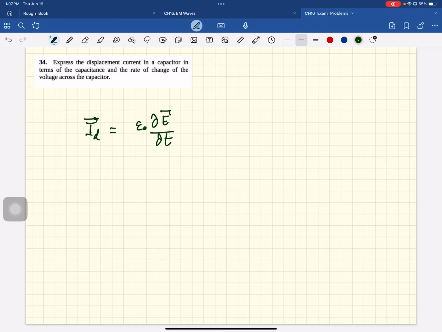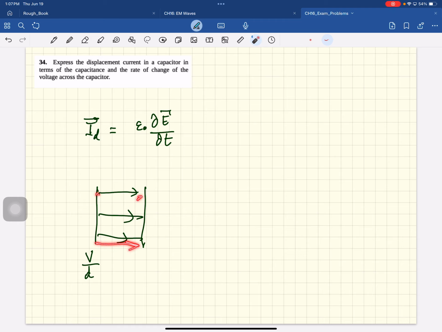So that's the direction of the current. And the electric field in the capacitor is V over d. So the voltage across the capacitor divided by the distance between the plates.